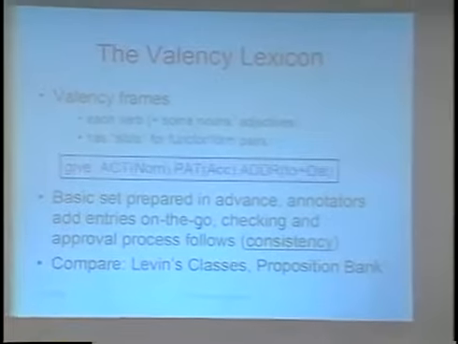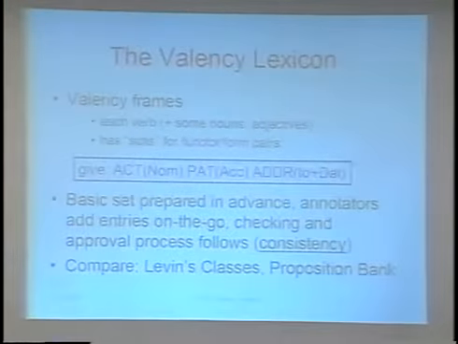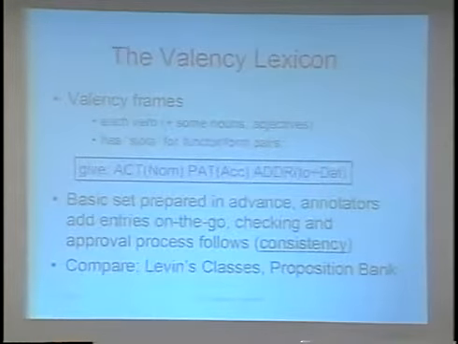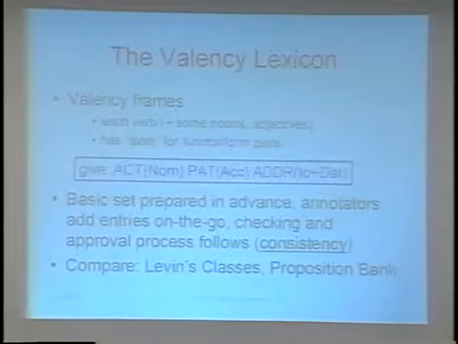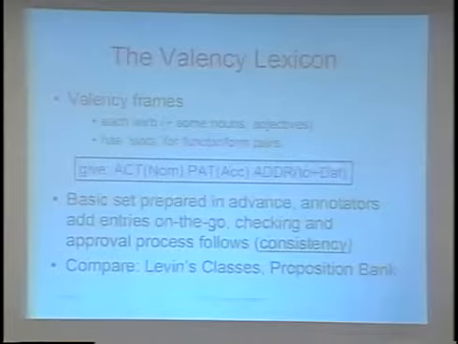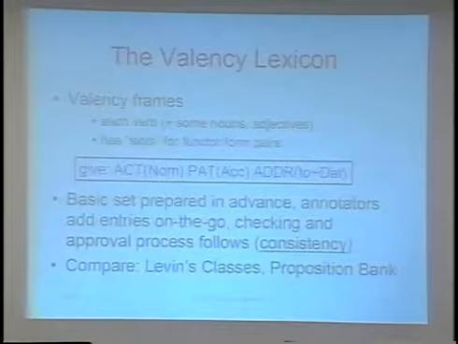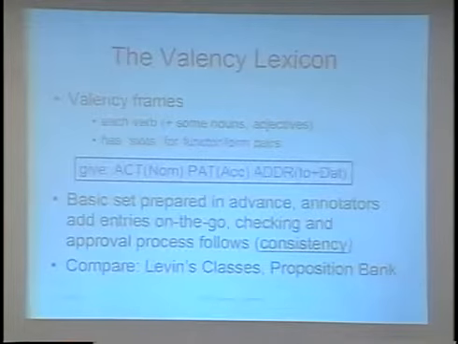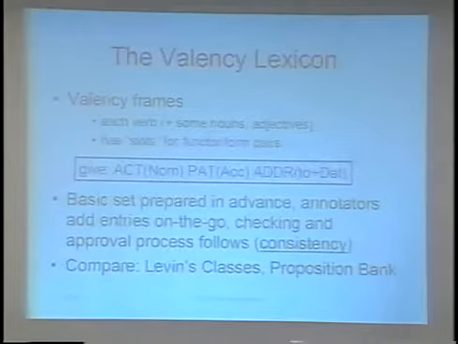So as I said, most of these additions are driven by what we call valency frames. A valency frame consists of a list of slots, and each slot is a functor and form pair. The functor is the deep function, and it's always associated with a set of possible expressions on the surface.